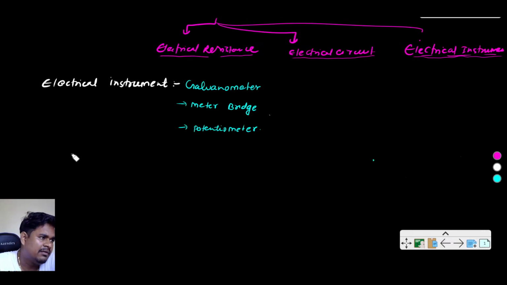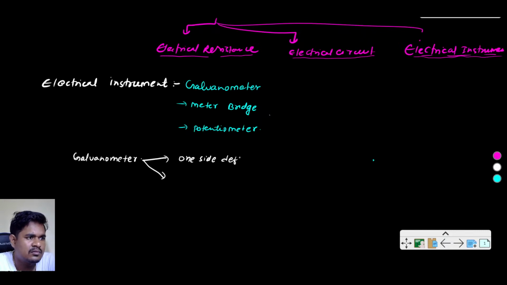So if we talk about galvanometer, we have two types: one side deflection and both side deflection.